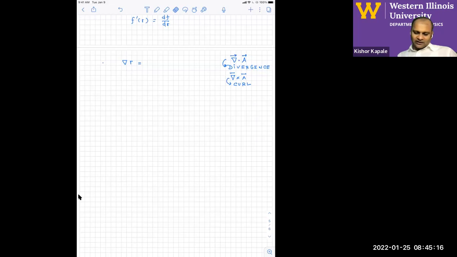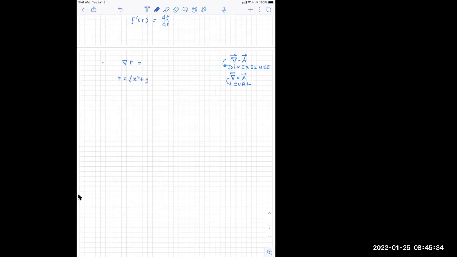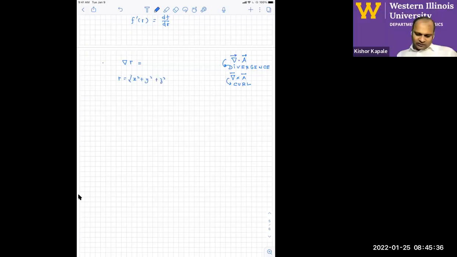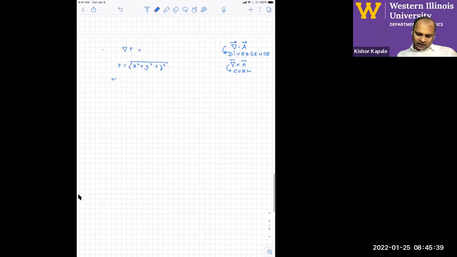So again, you can evaluate this. I'm not going to do it for you. I will just give you one little step here. So r vector, you can write the r in terms of the Cartesian coordinates as square root of x squared plus y squared plus z squared, and the gradient operator is x hat del x, y hat del y, z hat del z.